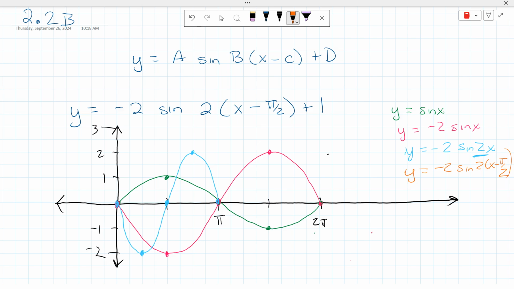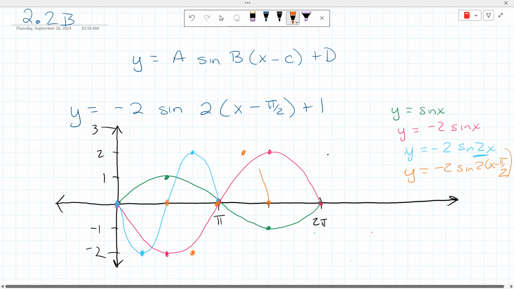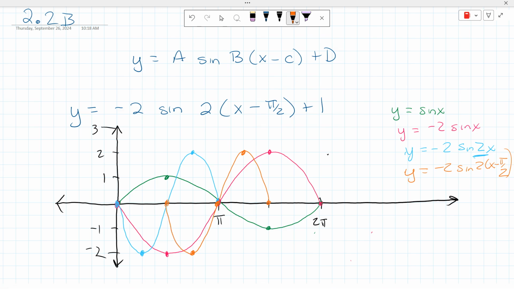So pi over 2 is 4 squares. So everything, the blue graph goes 4 squares to the right, 4 squares to the right, and so on for each point. And finally, our last one.